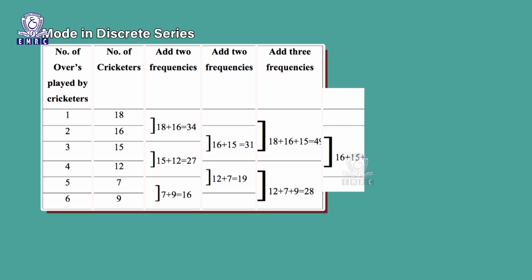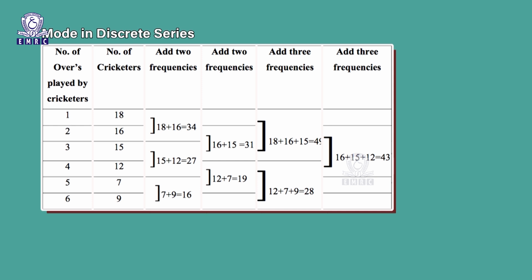In the sixth row, we are going to omit the first one, 18, and then add the next 3 frequencies, that is 16 plus 15 plus 12, which is equal to 43. Then 2 more frequencies are left over, but we are supposed to add 3 frequencies. Because there are only 2, we are going to simply leave them.